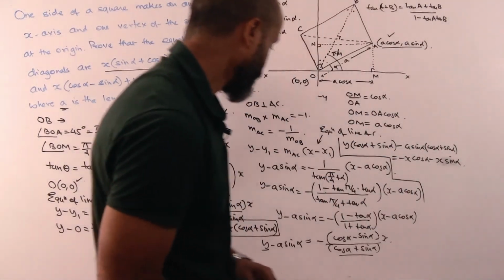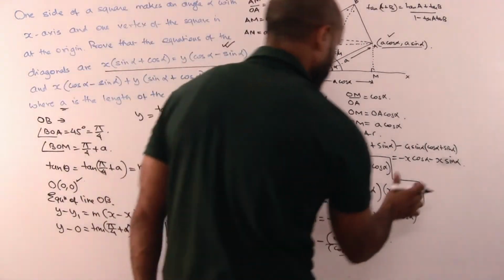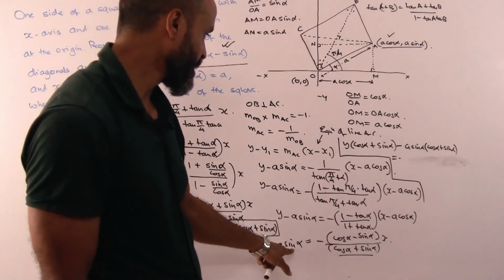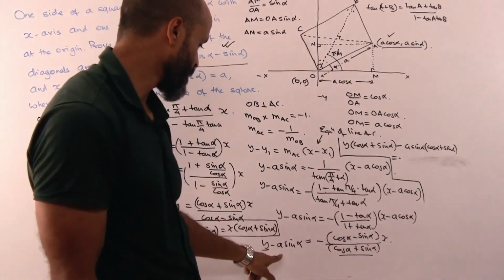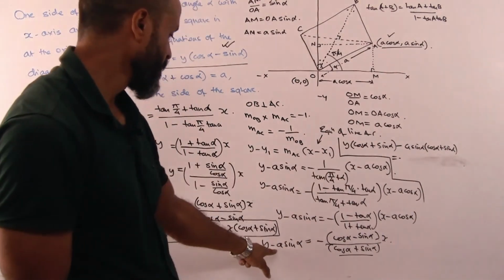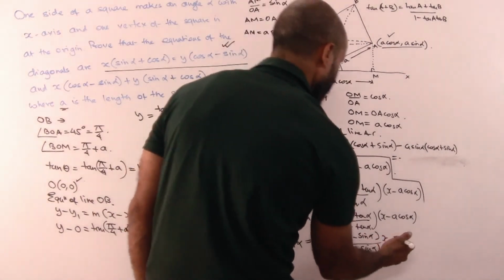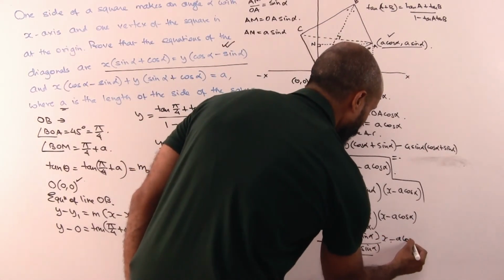So here we have x minus a cos alpha. Yes, this is the mistake that we have made. Y minus a sin alpha, this will be y into cos alpha plus sin alpha, which we already have, minus a sin alpha into cos alpha plus sin alpha. This will be x minus a cos alpha.